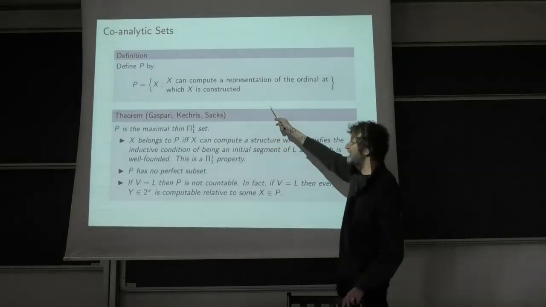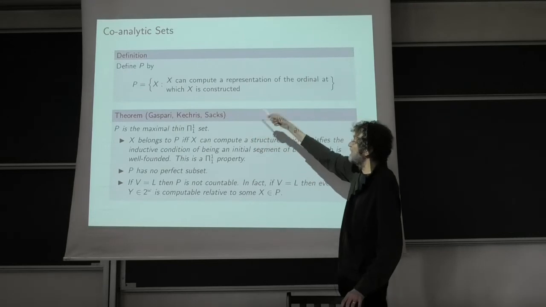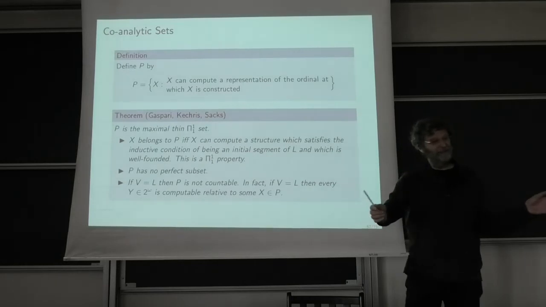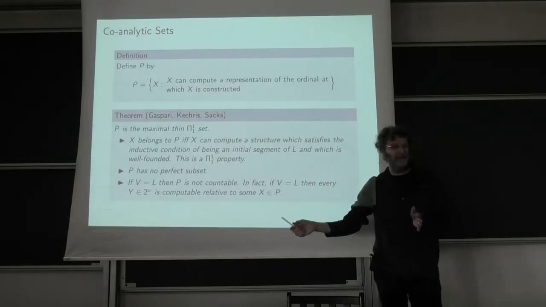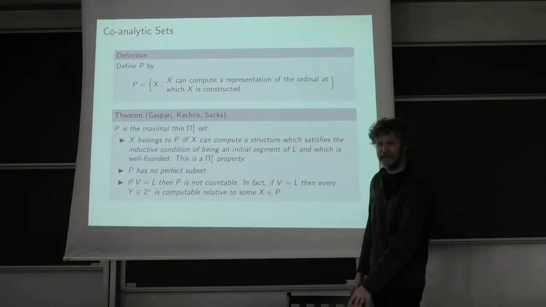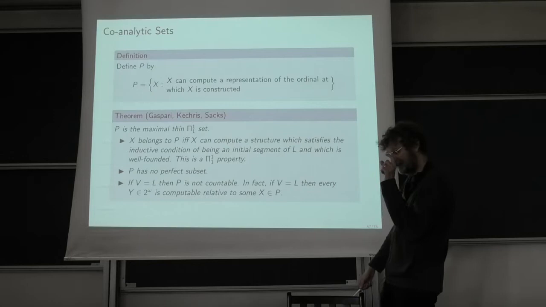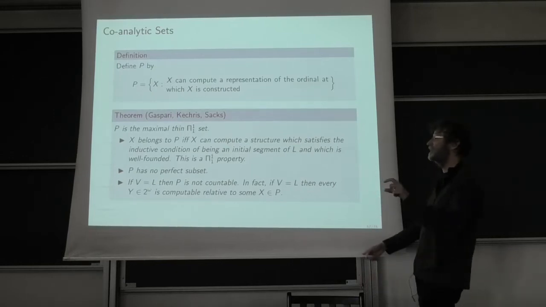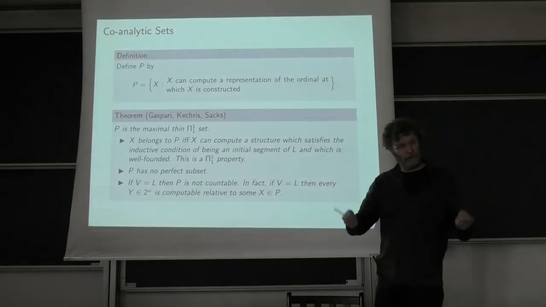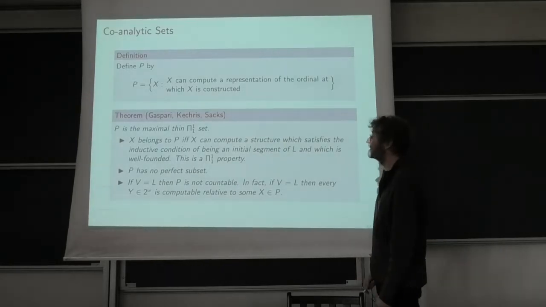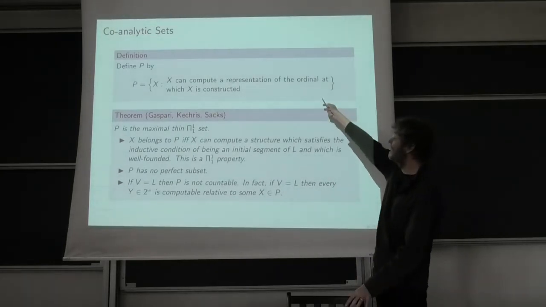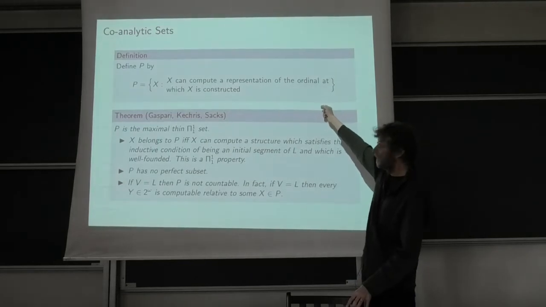The definition is: P is the set of X, where I'm conflating an infinite binary sequence with a subset of the natural numbers. So think of X as a subset of the natural numbers. P is the set of X such that X can compute a linear ordering of the natural numbers which is isomorphic to the ordinal at which X is constructed.